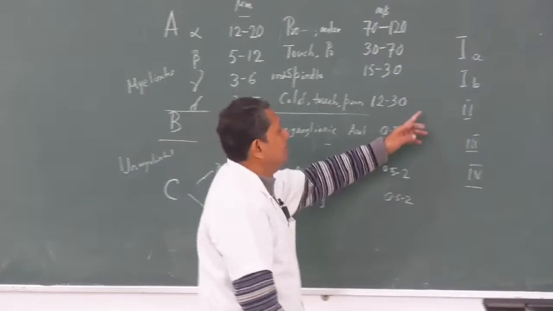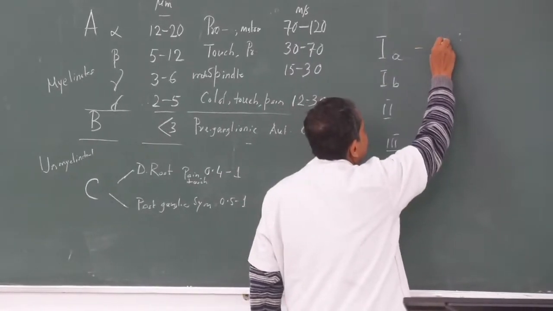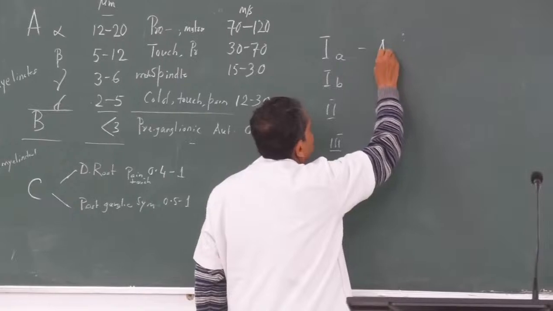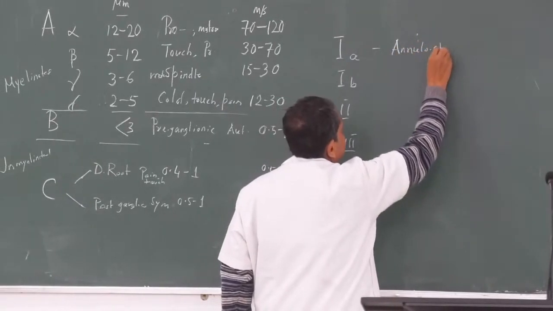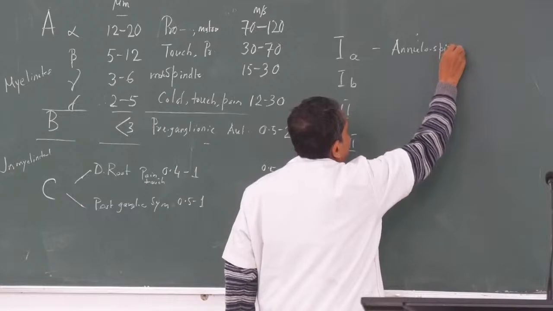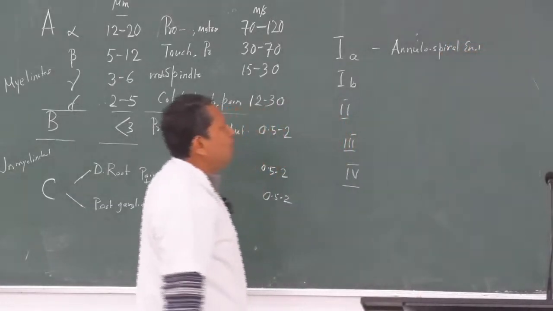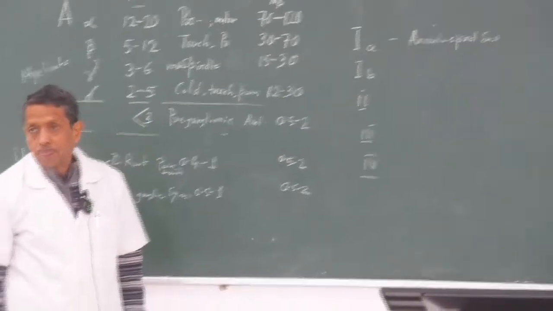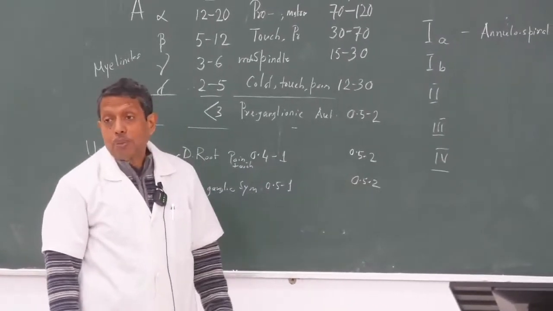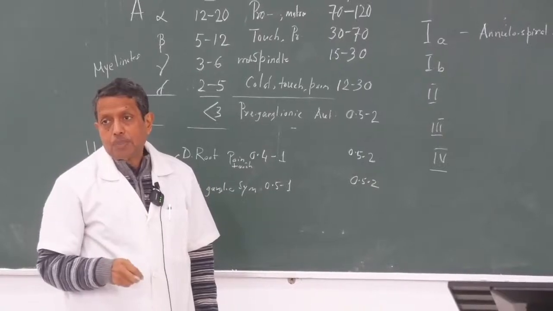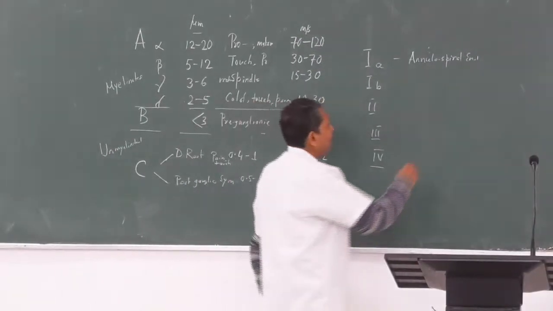Now in this case, suppose annulospiral endings of the muscle spindle, and the muscle spindle afferents, and it corresponds to A alpha.